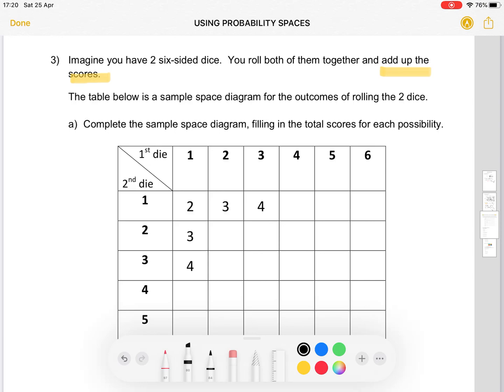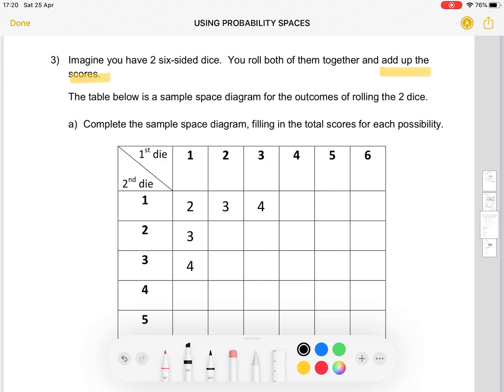1 plus 1, that's why in the first column there is a 2. 2 plus 1. 1 from the first dice, 2 from the second, that makes a total of 3. 1 from the first dice and 3 from the second, that makes a total of 4.